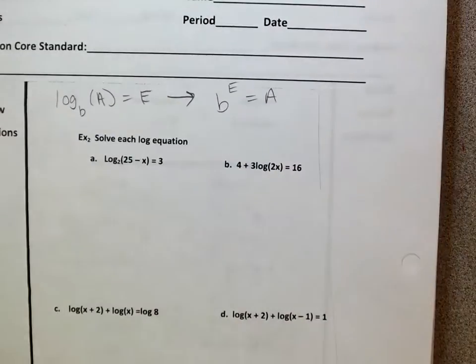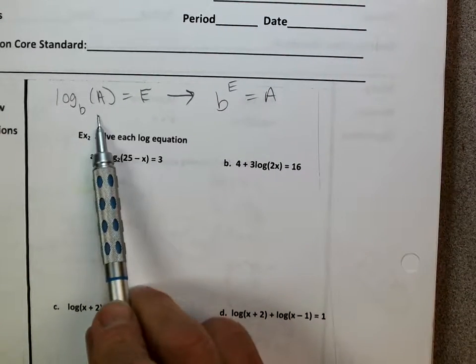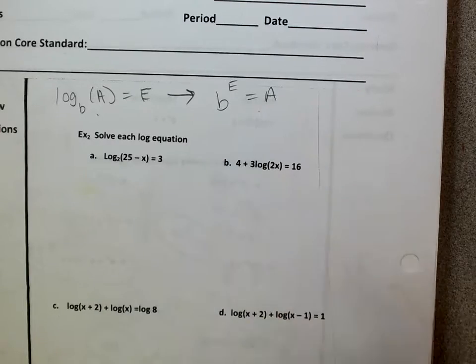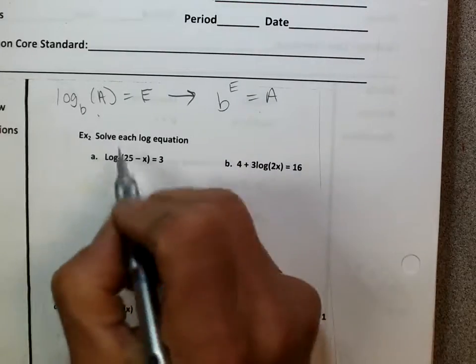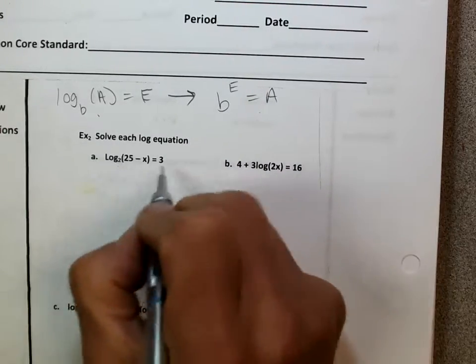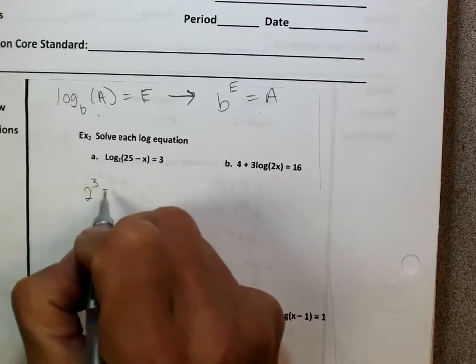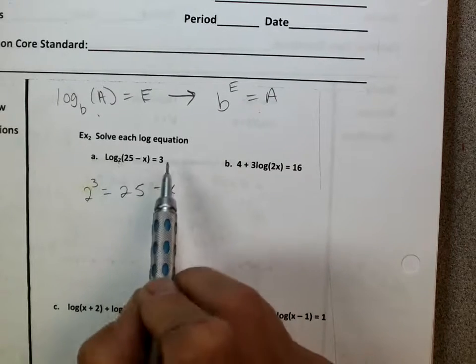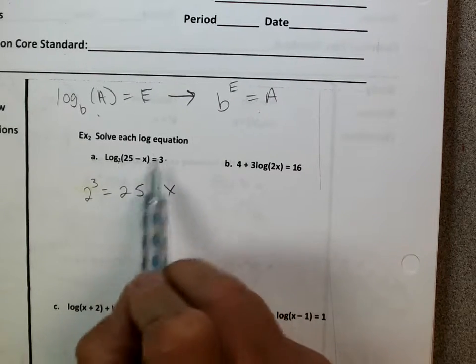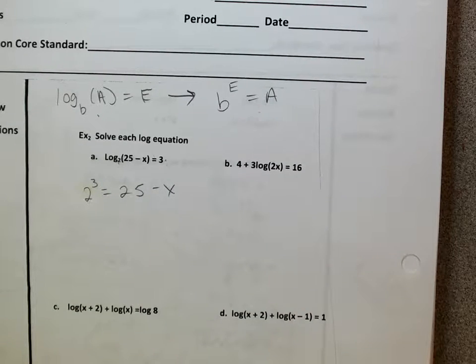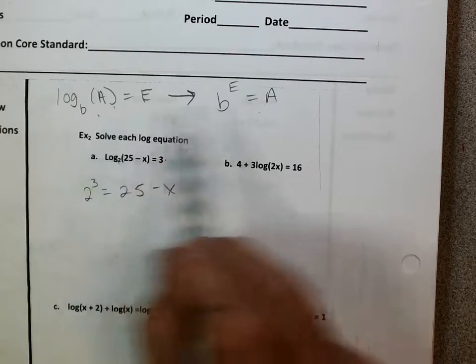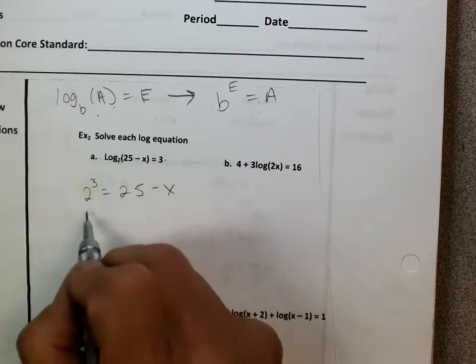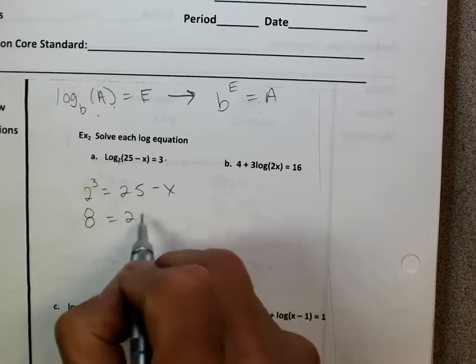So the key to doing log is being able to shift it from log form into exponential form. Right off the bat, number 2, I'm going to get rid of this log by going 2 to the third power equals 25 minus x. 2 to the third power equals what's inside. I just changed it from log form into exponential form. 2 cubed is 8.